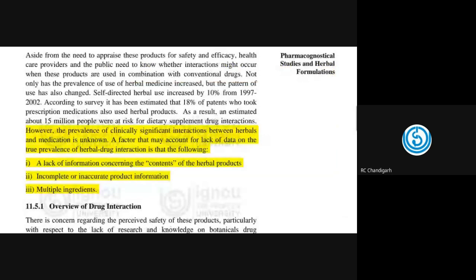However, the prevalence of clinically significant interactions between herbals and medications is not known. A factor that may account for the lack of data on the true prevalence of herbal drug interaction is the following: a lack of information concerning the contents of the herbal products, or incomplete or inaccurate product information, or multiple ingredients in that herbal drug product.